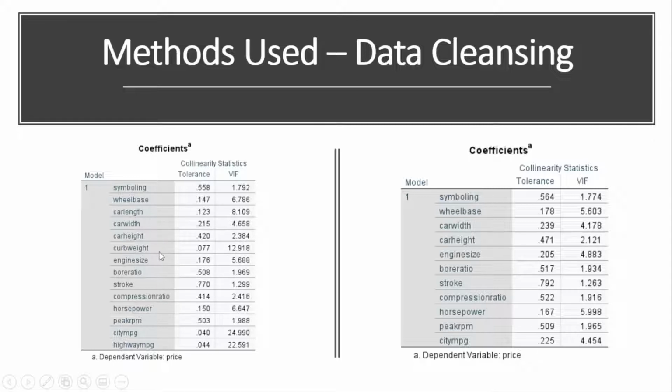For example, here we can see that curb weight, city miles per gallon, and highway miles per gallon are highly correlated, and therefore they can have an impact on regression results. Therefore, we have to eliminate such variables. If you look at this slide, you'll find that I managed to eliminate those variables that are highly correlated from my analysis.